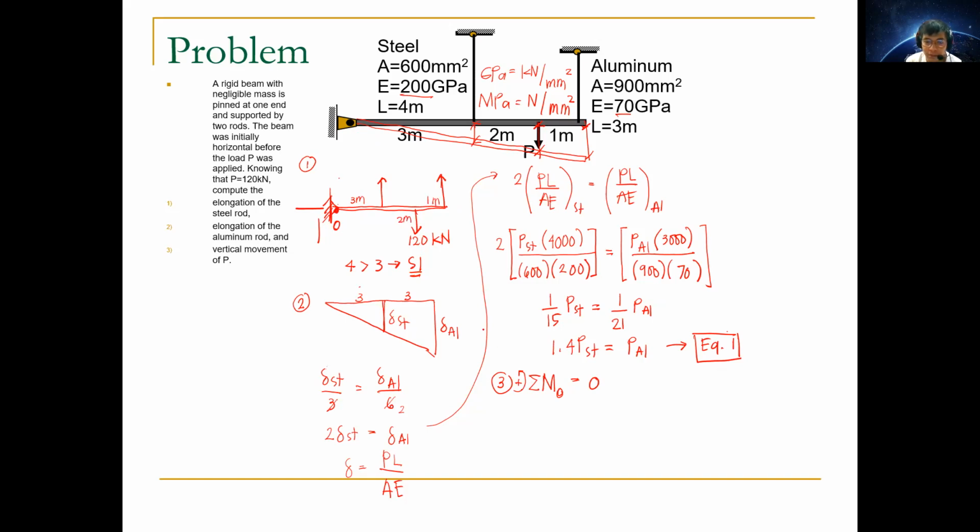So summation of moments equals 0. Again, the first one coming from PST, it's counterclockwise, so that's plus. From P, that's minus. And then from aluminum, that's plus.